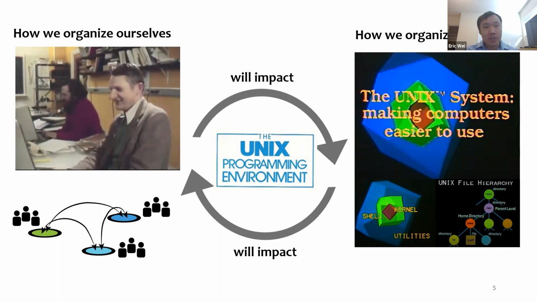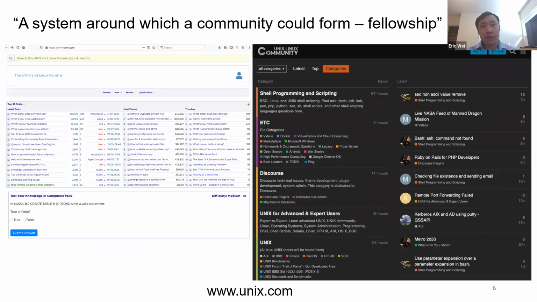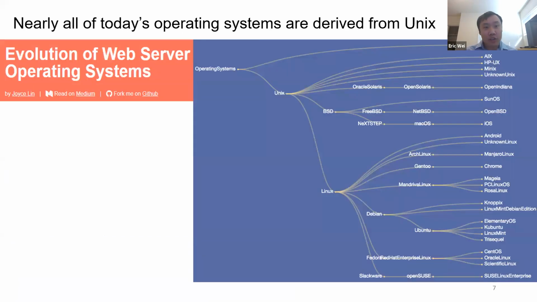So from their conscious design decisions then, you can see even to this day, if you go to unix.com, right front and center, you have a forum where you can discuss with other members of the Unix community. And this process works. As you see, nearly all of today's operating systems are derived from Unix. Basically every non-Windows operating system.